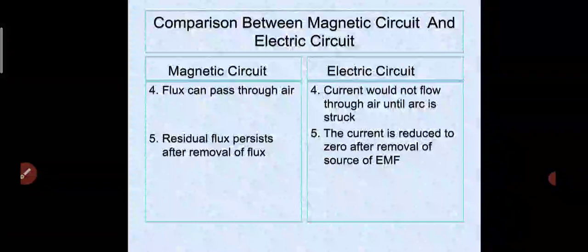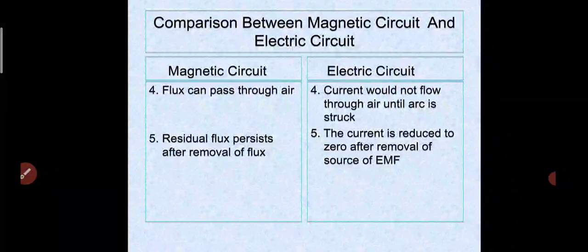And electric circuit, fifth point, the current is reduced to zero after removal of source of EMF.